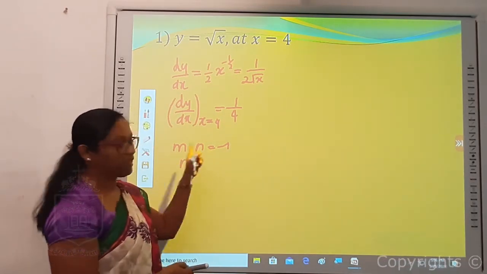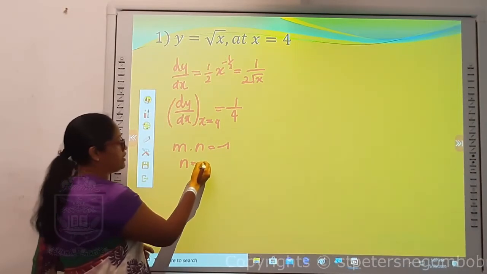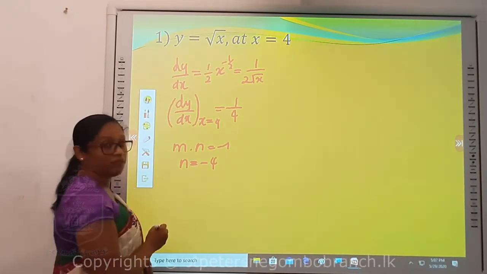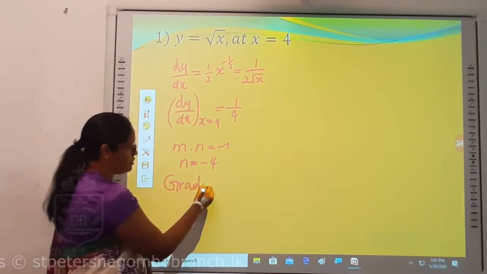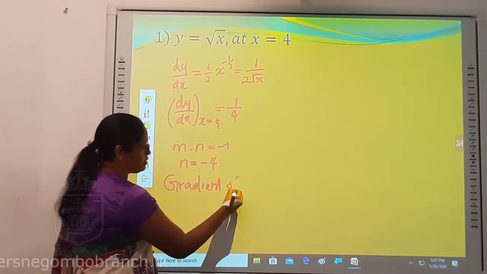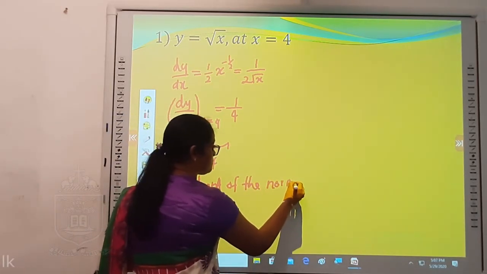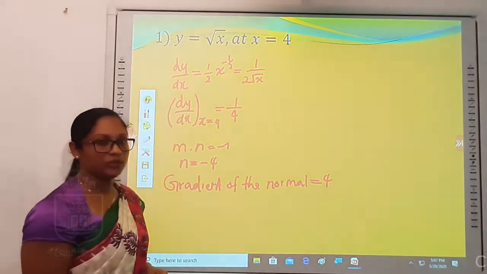So you just apply this equation and you can find it easily. So n is minus 4. The answer is minus 4. This is what we found, the gradient of the normal is equal to minus 4. This is the way we can find the gradient.